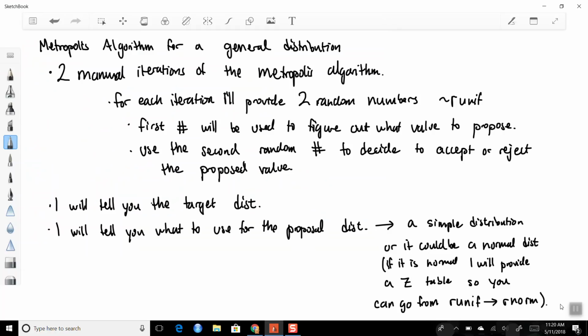Okay, does that make sense? All right. And that will be pretty much the exam. So it covers a little bit of Bayesian stuff and the Metropolis algorithm stuff. Make sure we get a grasp on that. Are there any questions? Yes, question.